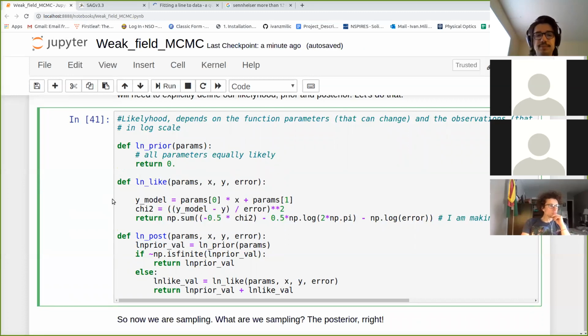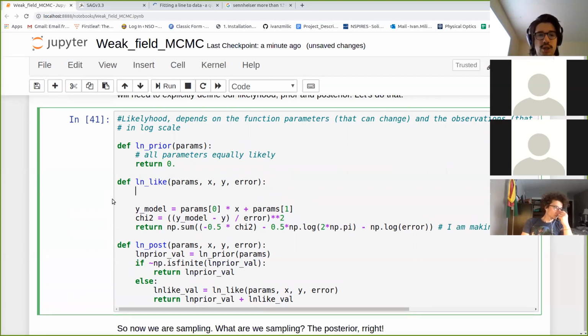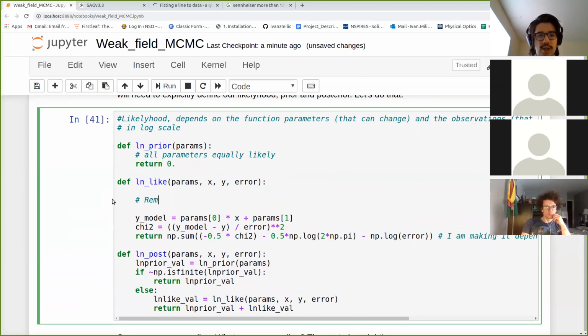Cool. So the next step is to calculate the likelihood. The log likelihood is basically chi square, and here I'm using the standard definition of a Gaussian. So I'm going to add a comment here.